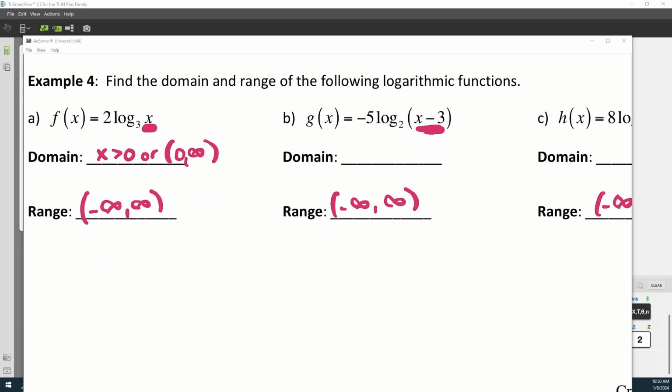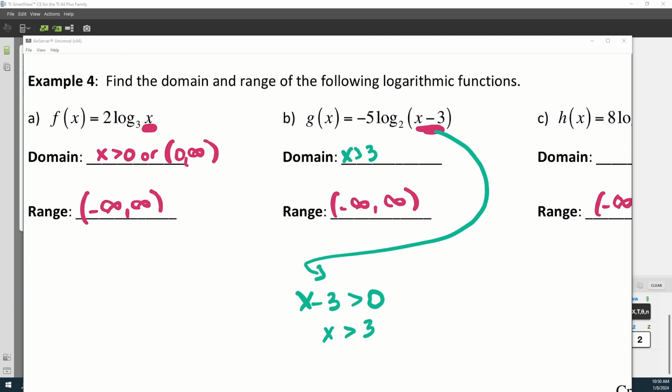Now when I get to b, I'm going to take that x minus 3. I'm going to say that it's greater than 0. And so what would you get if you solve that for x? Good. That's your domain. X is greater than 3. Or if you wanted to do interval notation, it would be from 3 to infinity.